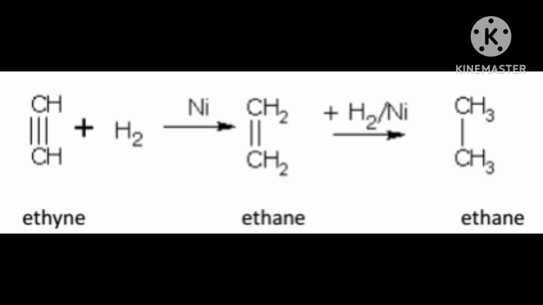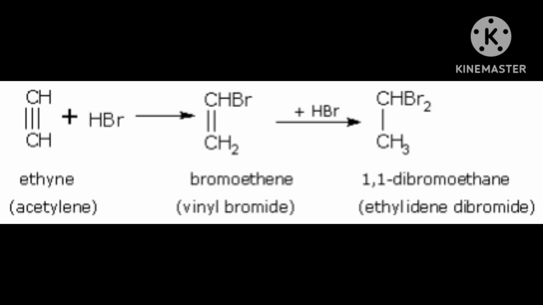Now it became CHBr2, and the other carbon which was CH2 became CH3. Hydrogen is added there. Bromine went to the carbon having less hydrogen according to the Markovnikov rule, and this is called 1,1-dibromoethane.